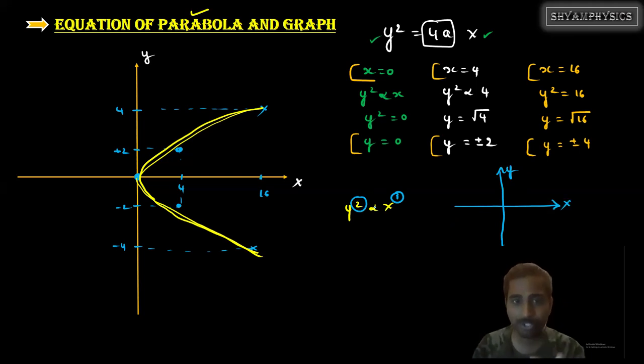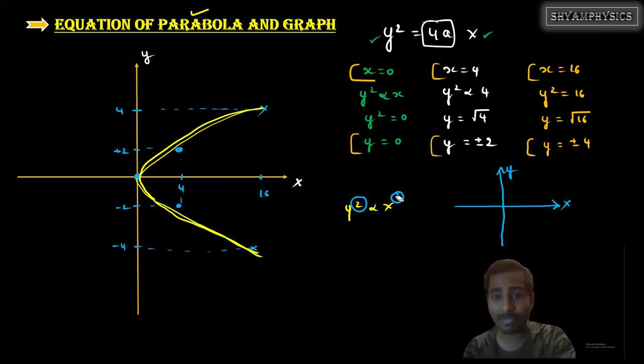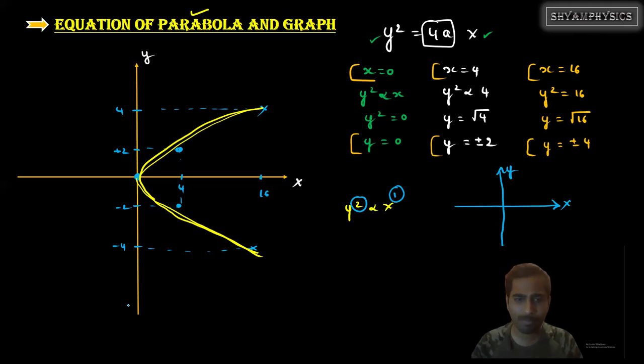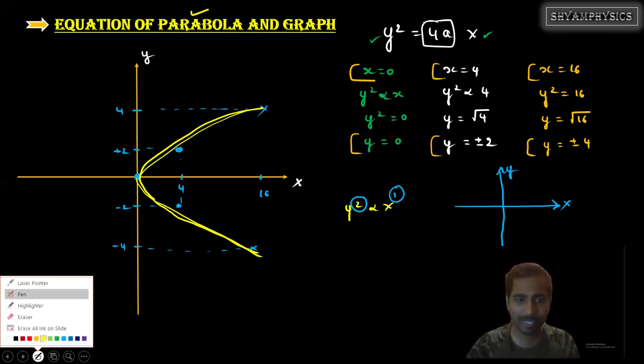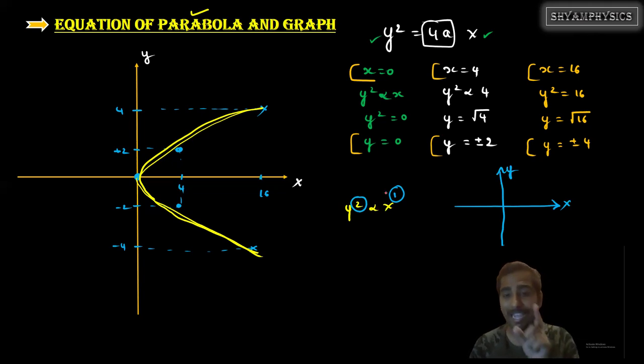Make sure the parabolic graph opens toward the side where the single power term is. The single power term here is x, so toward x you need to open. Where the single power is, on that side this parabolic graph opens. So it opens toward the x side only, right?